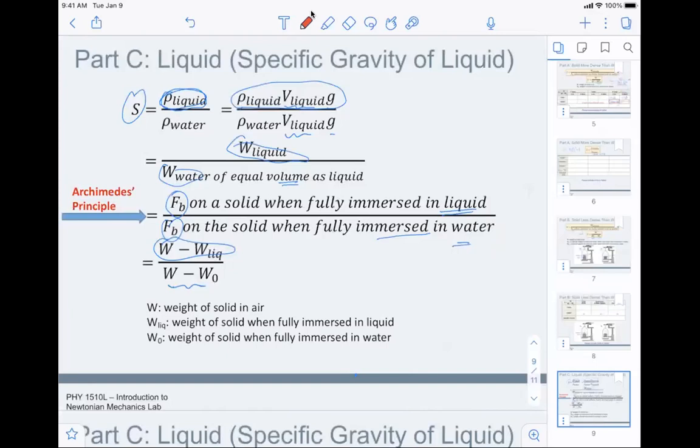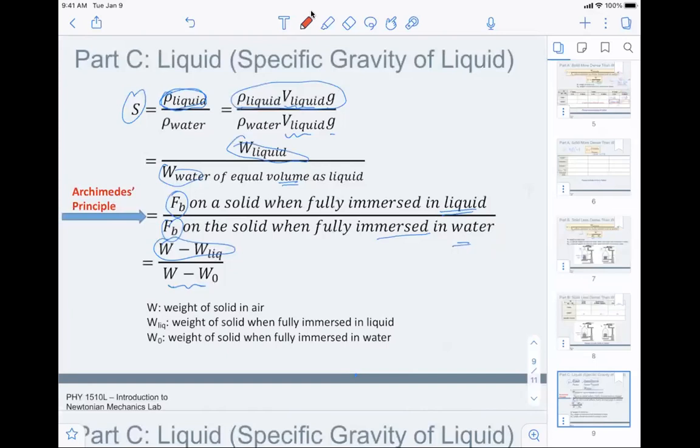So if we immerse the same object in an unknown liquid, let's say alcohol, and we immerse it also in water, we can make sure that the displaced liquid and the displaced water are the same volume, because they all come from being displaced by the same object.